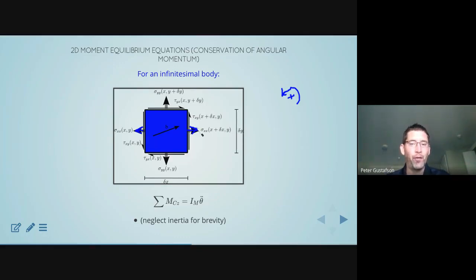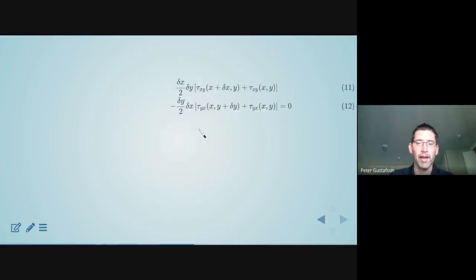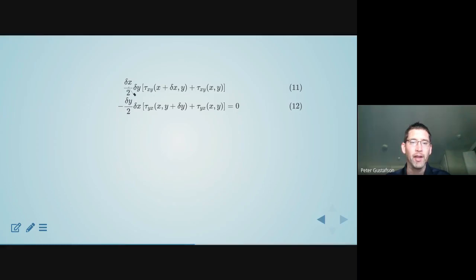So the dy for the tau xy comes from the force component, and the moment arm gets a dx over 2. Now conversely, when we're looking at this one, the dx times the unit depth is the area, times that stress is the force, times now dy over 2 is the moment arm. So it works out that they are functionally the same, except here dx over 2 is the moment arm, and there dy over 2 is the moment arm. dy and dx times 1, the unit depth, were differential areas.